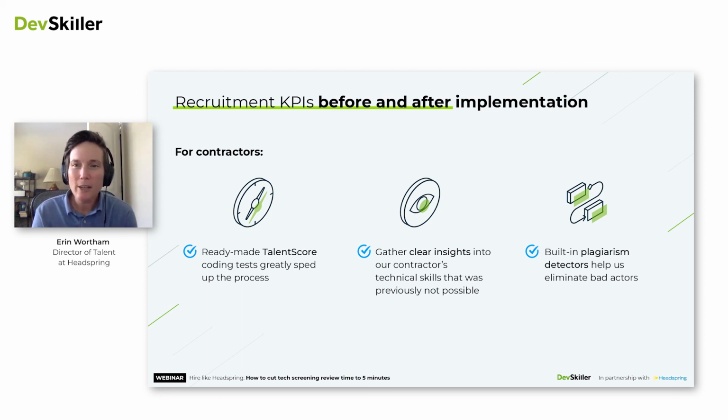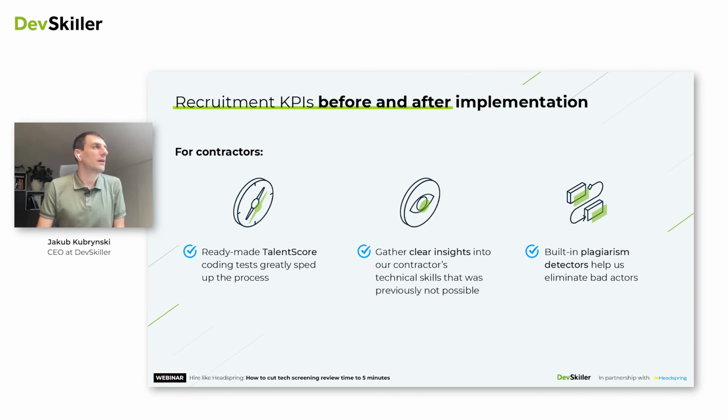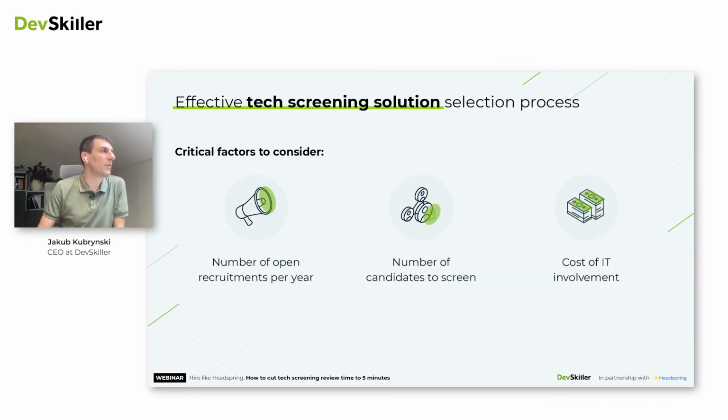But quality of hire for us is equal parts how you show up in your behavior and your technical skills and ability, and being able to have the balance between both of those while having a great candidate experience is the sweet spot that DevSkiller provides.